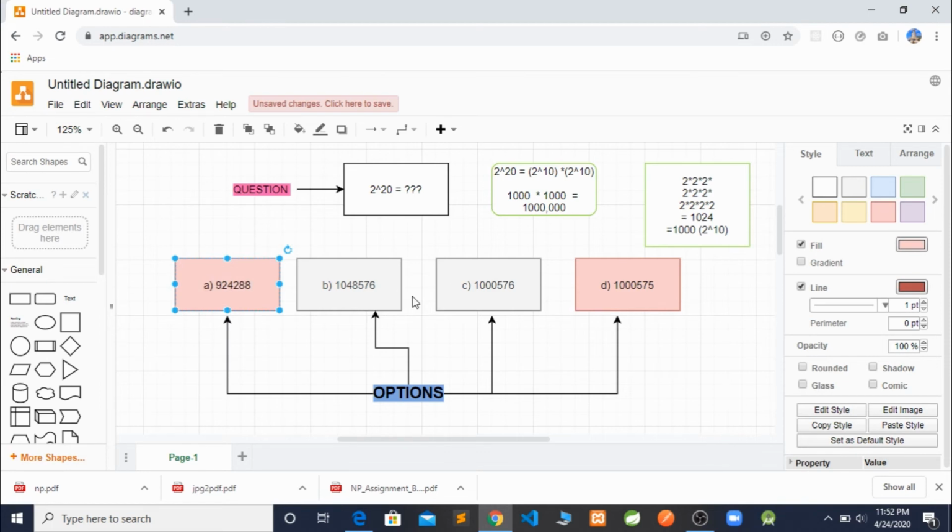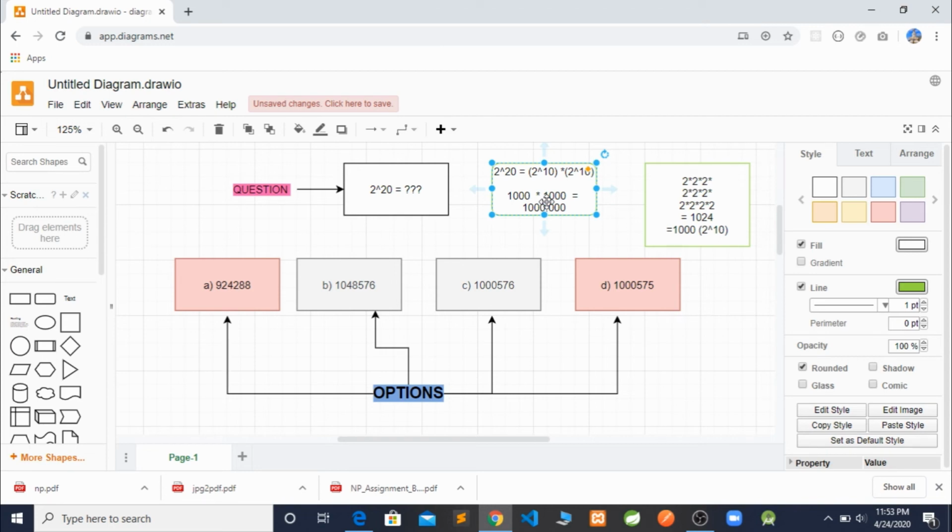We have eliminated two options from the four, so we have two options left and we have to calculate the result somehow. Now let's go for B or C. We don't know exactly what the answer is, but we can somehow eliminate one option so that we will find the exact answer.